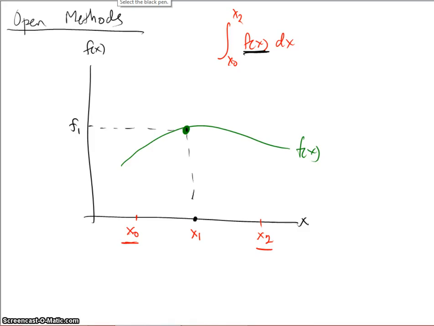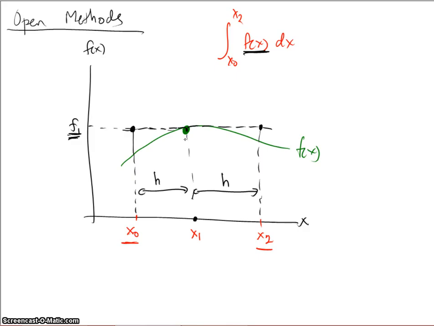A zero order extrapolation basically means that you extend this to the left and to the right, and you say that the value of f at x0 is the same as f1, and the value of f at x2 is also the same as f1. In this case, let's say the distance from x1 to x0 and to x2 is the same, h.